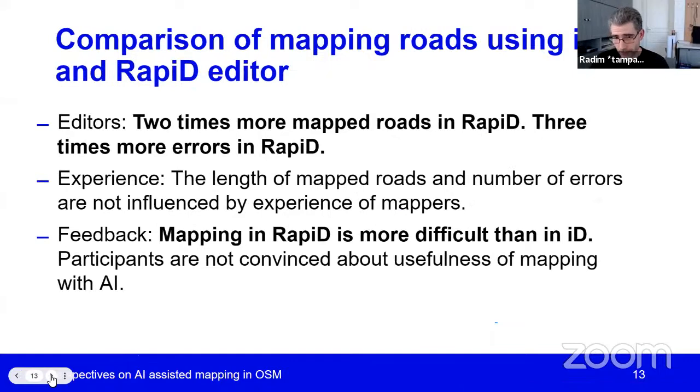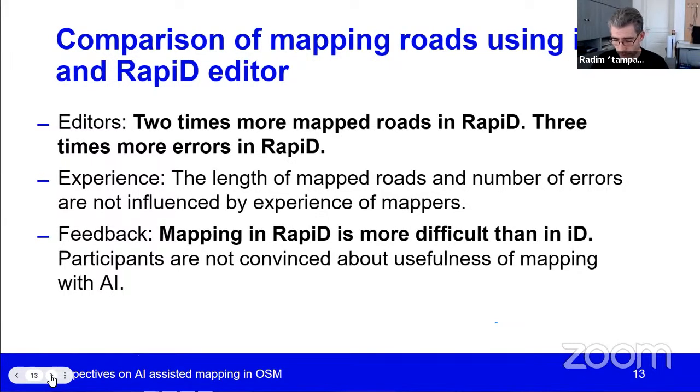On the opposite way, when we did a very similar experiment for roads, we found that, yes, 2 times more roads were mapped in Rapid Editor, but 3 times more errors were produced in Rapid Editor. So that's not very effective mapping when you focus on quality.